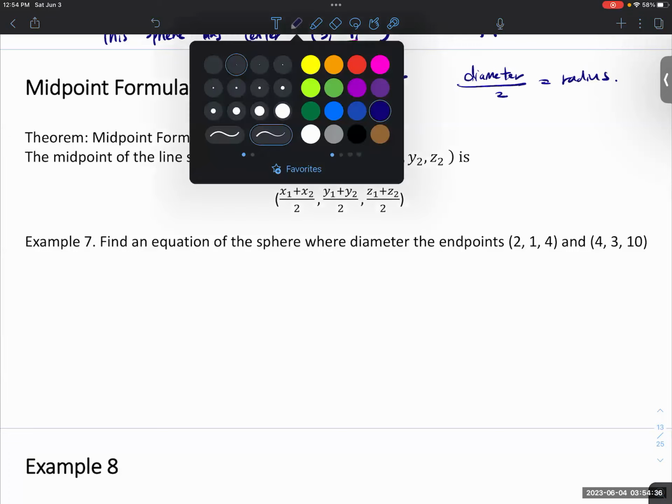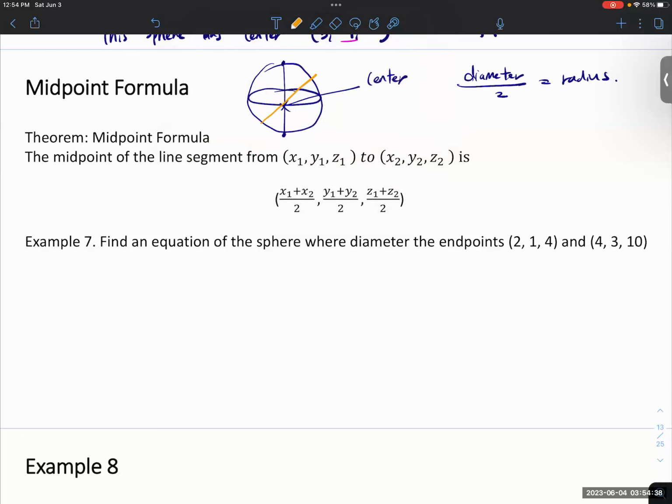If you know the diameter, no matter where you go, there's an infinite number of diameters, divided by 2 is the radius. The same thing if you have two endpoints, it doesn't matter where, if you divide by 2, that is going to be the midpoint. In this case, that's the center point.